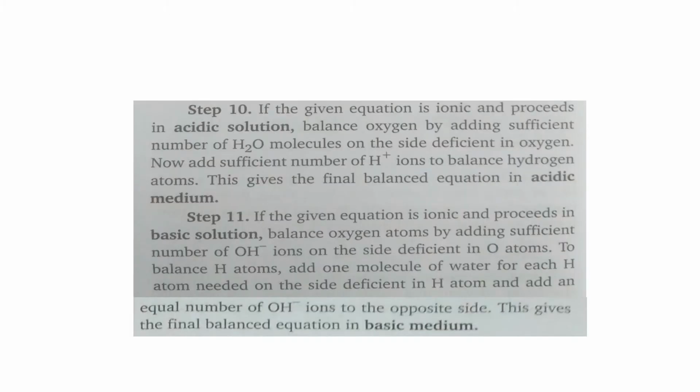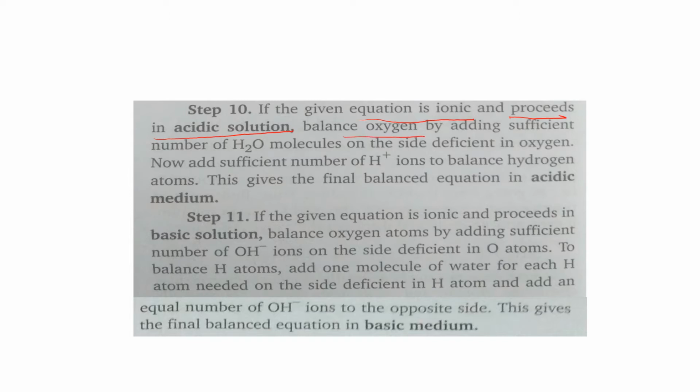Now, step number 10 and 11. This is for the balancing of hydrogen and oxygen. If the given equation is in ionic form and proceeds in acidic medium, very important, then how to balance oxygen?